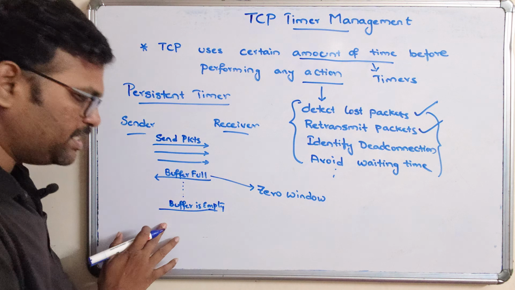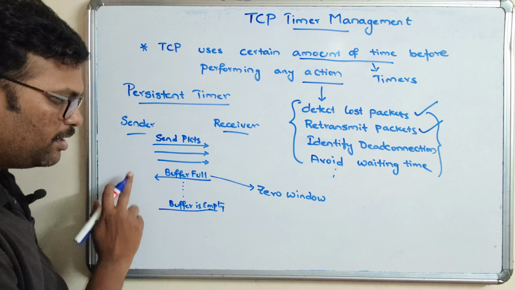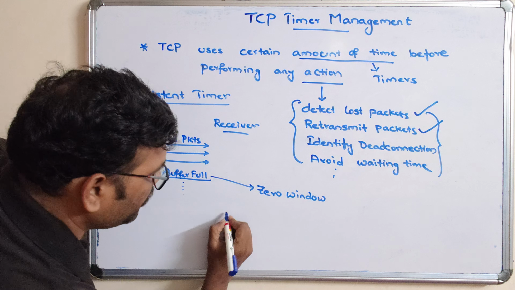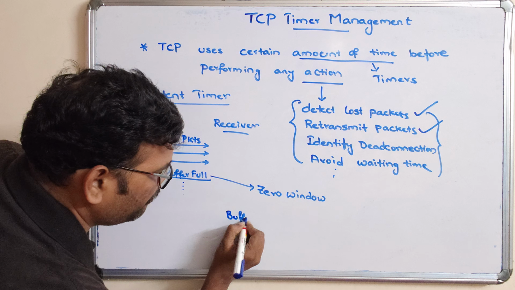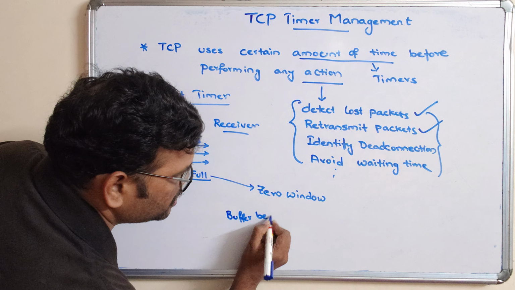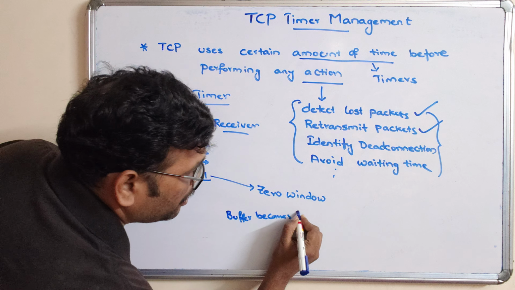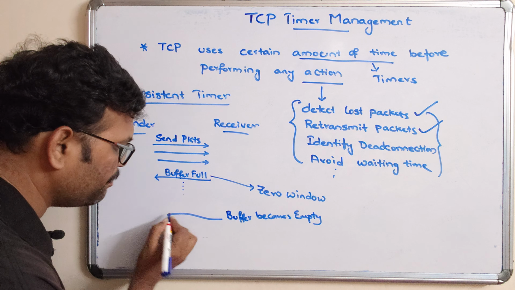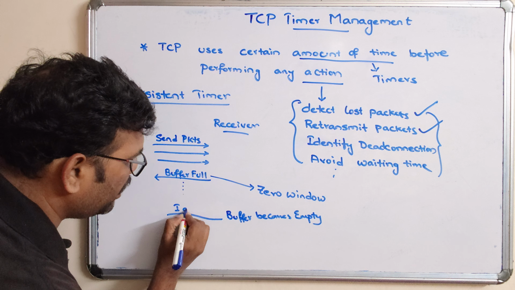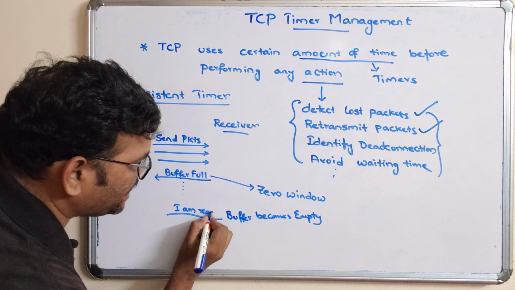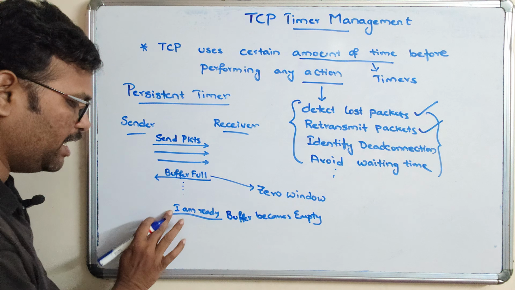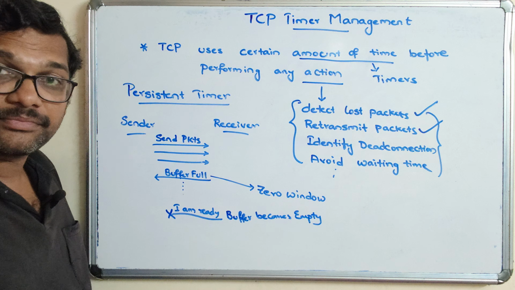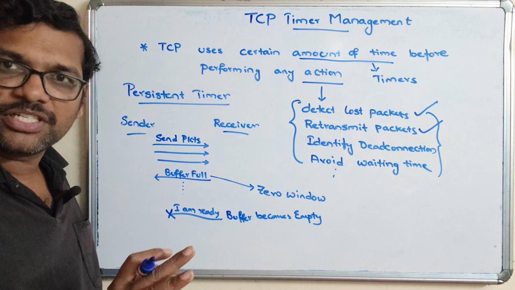The receiver will send a message to the sender: I am ready to accept the packets. But unfortunately, it was disconnected, which means this packet has been lost.